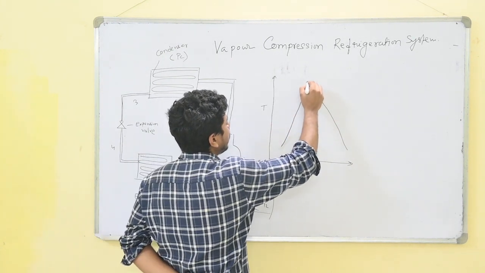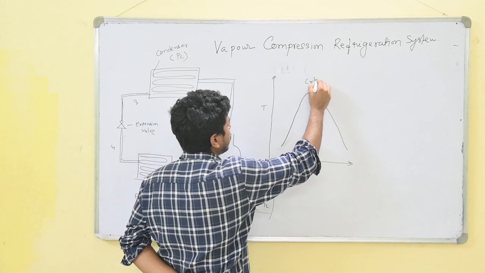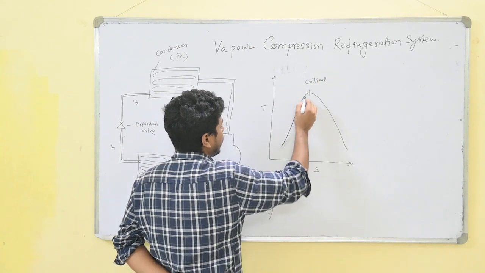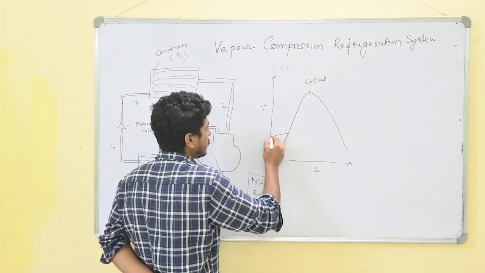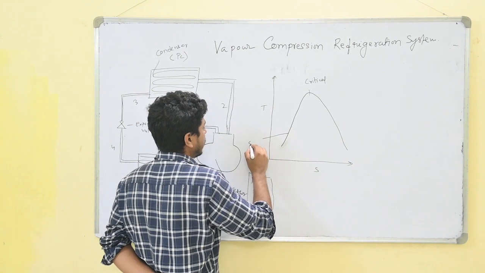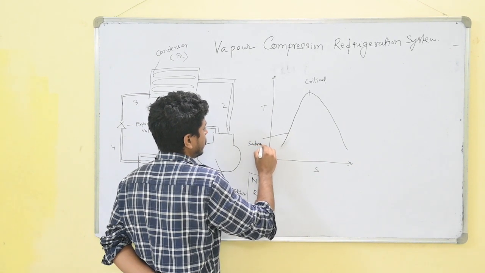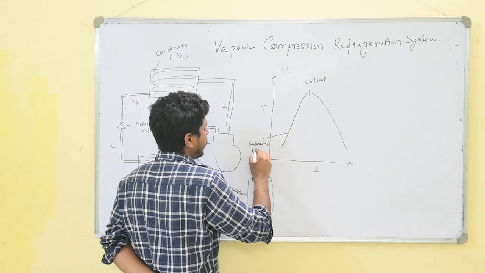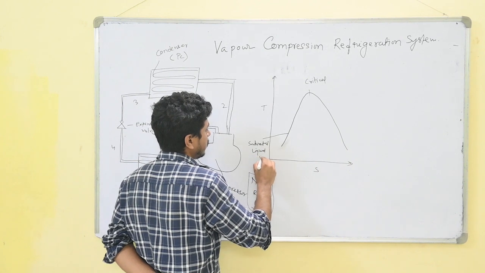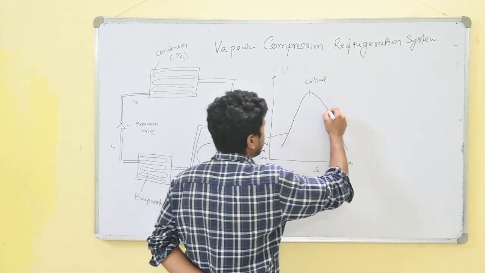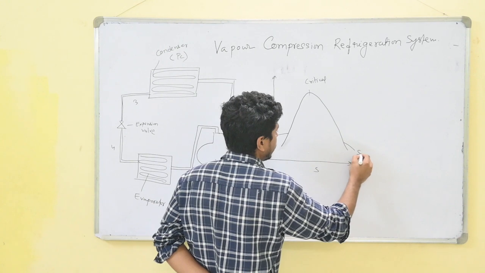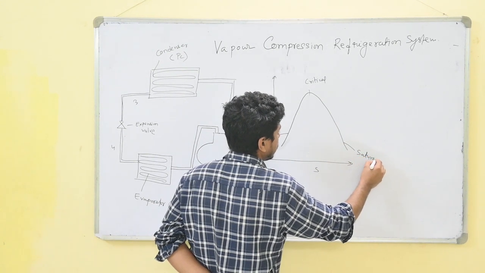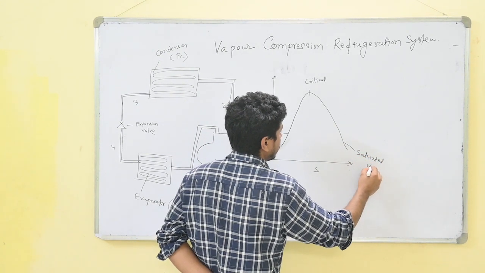Here this point is called the critical point, this whole line is called the saturated liquid line, and this whole line is called the saturated vapor line.